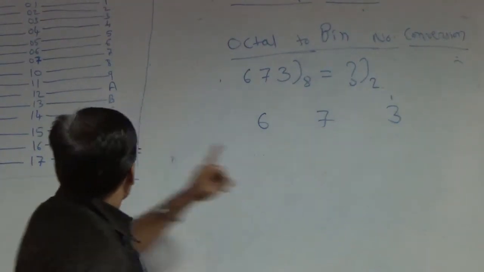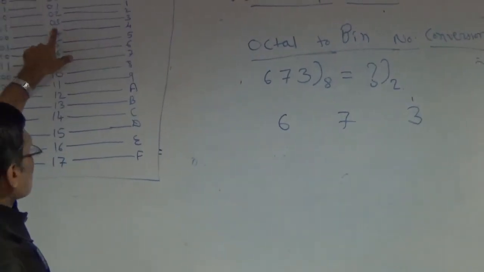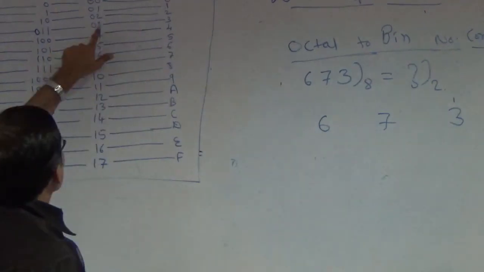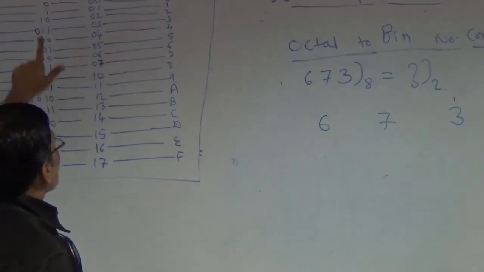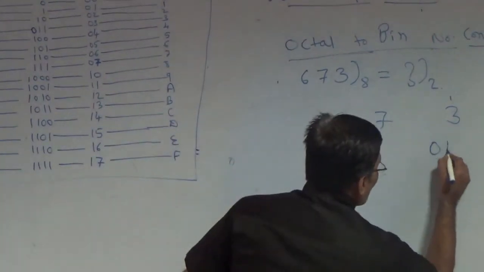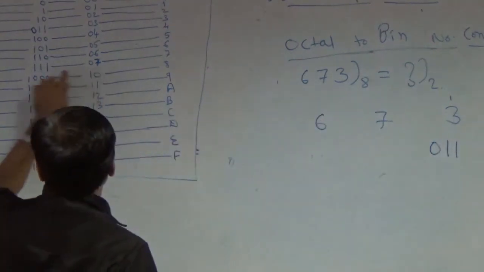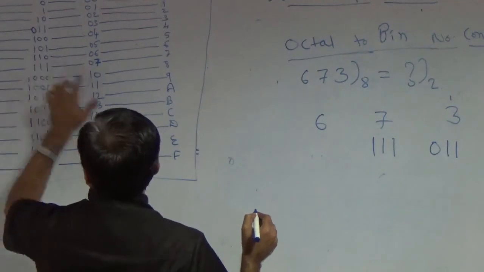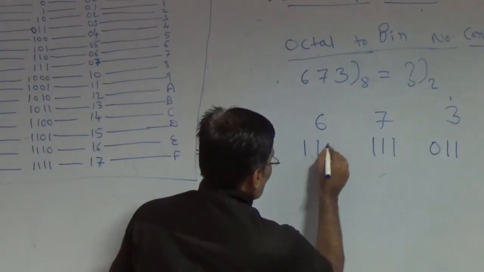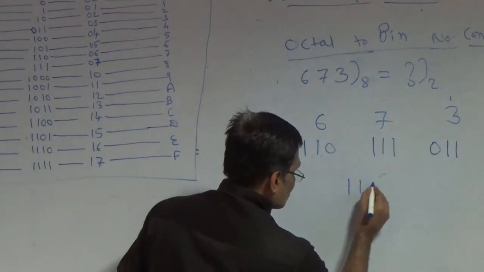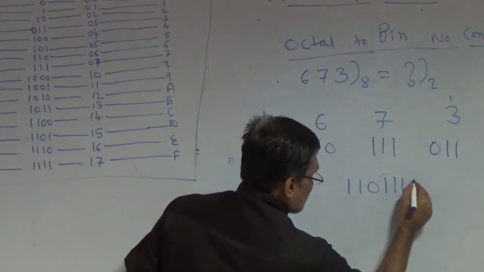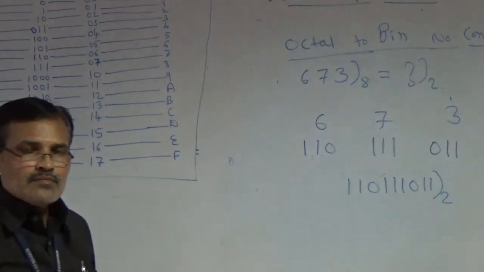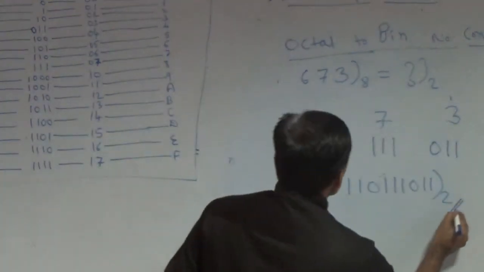So here I have already written it. The 3-bit binary code for octal number 3 is 011. 7 is 111. 6 is 110. If you combine all these, it becomes the equivalent binary number. So it is very simple.